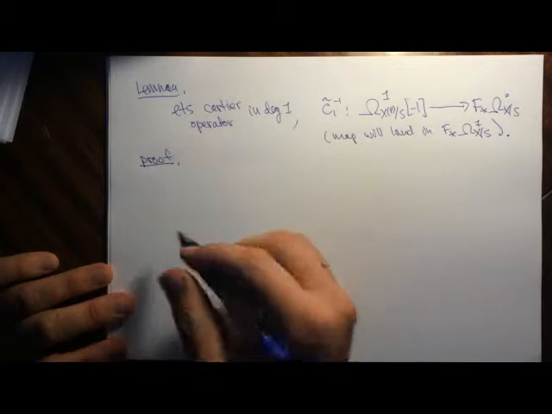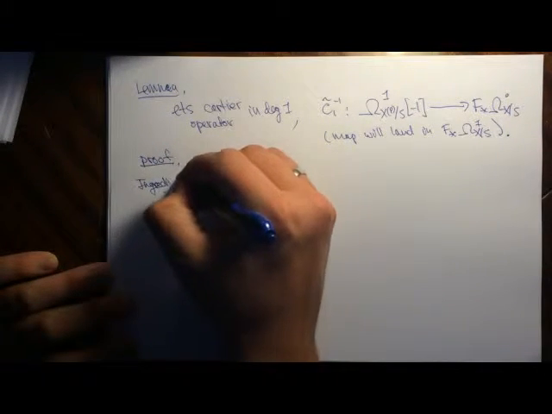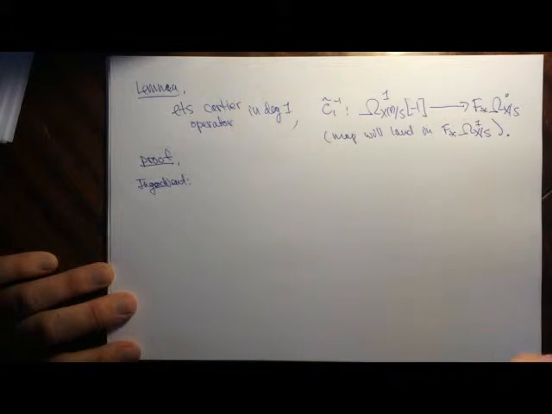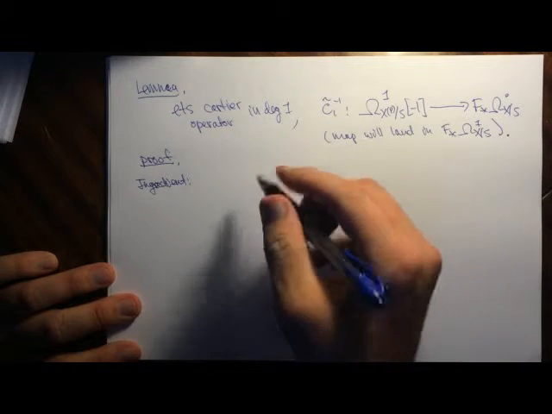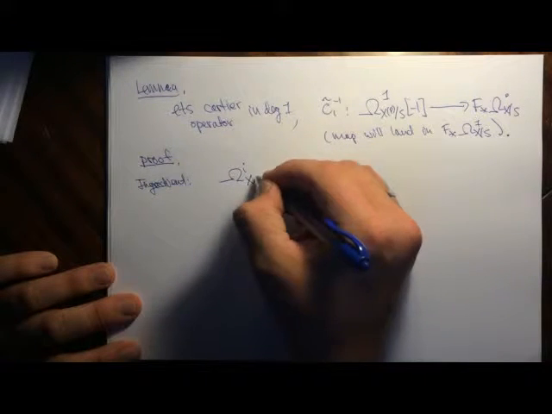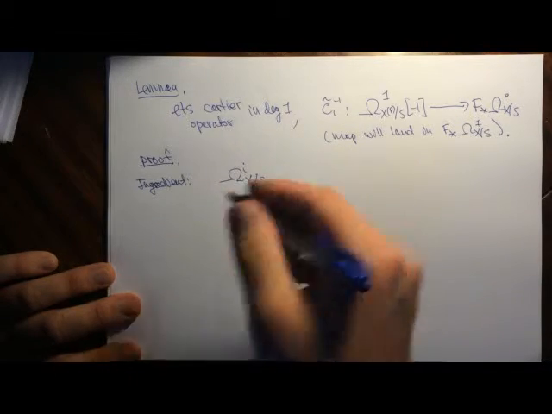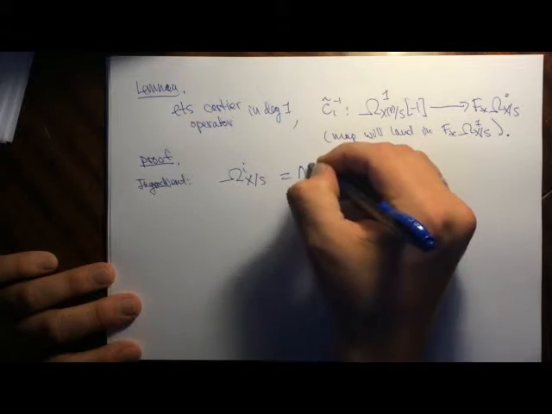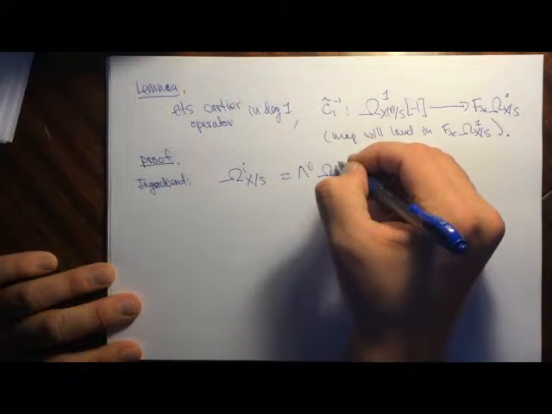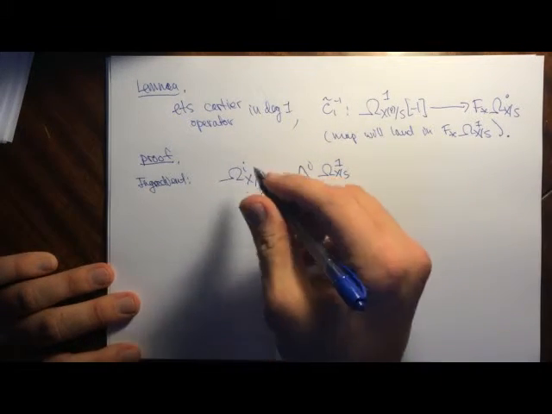Okay, so we need some ingredients. The ingredient is the anti-symmetrization map. So omega^I of X over S, this is actually quite general, so I don't need to do this. This is the top wedge power of omega^1.